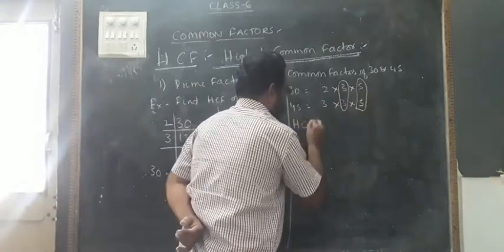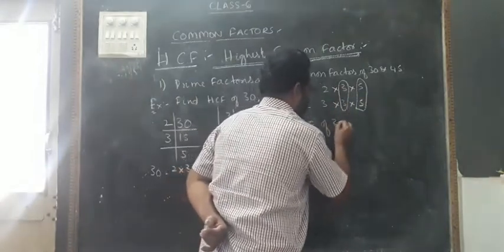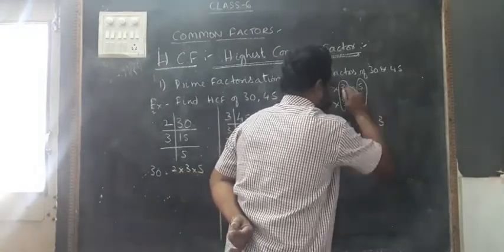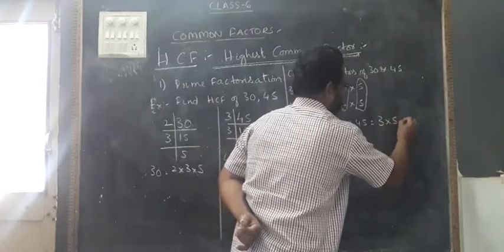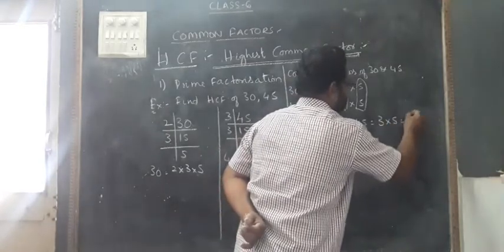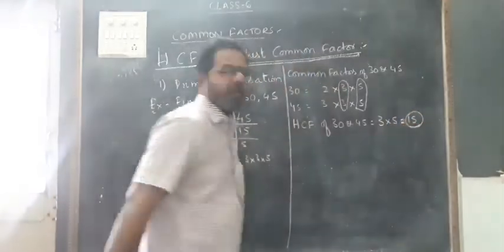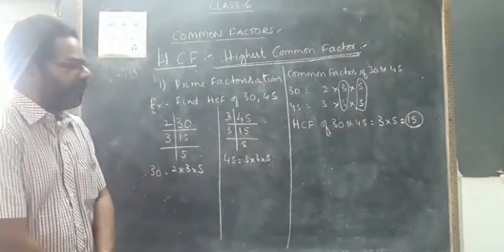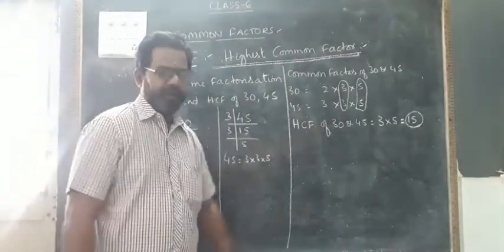Now we have to find the highest common factor of 30 and 45, which is the first common factor into the second common factor. 3 5s are 15 is the highest common factor. Understand? So HCF of 30 and 45 is equal to 15.